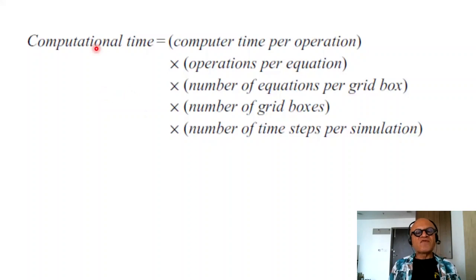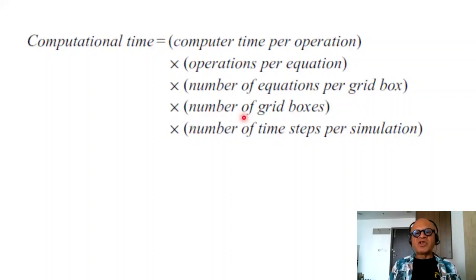The computational time, of course, is related to the computer time per operation. Any x times y, x plus y, and so on is an operation, and there are a number of operations per equation and number of equations per grid box, because on each grid box you are solving a number of equations like momentum, energy, continuity, water vapor equation, and so on.